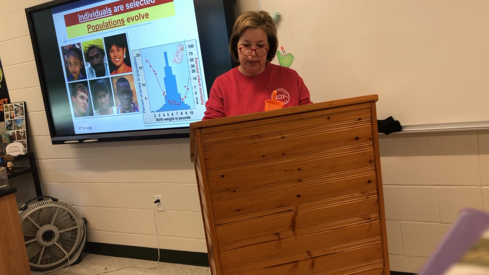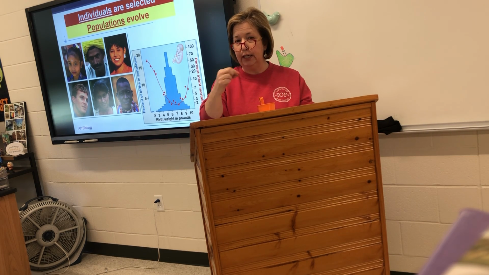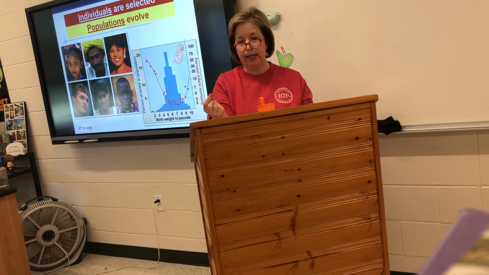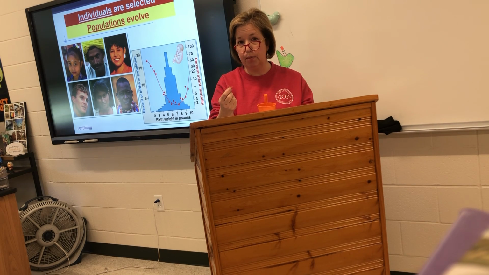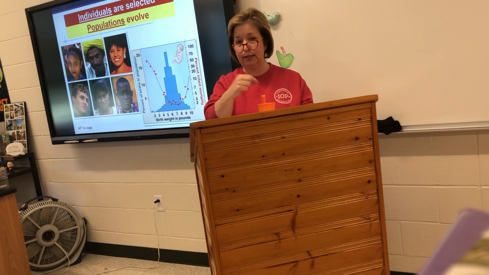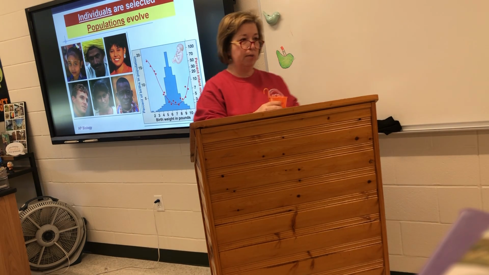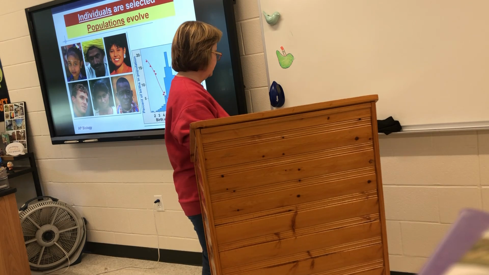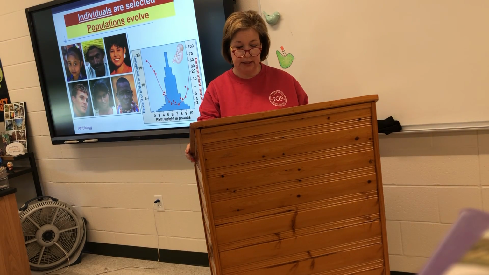That pool then, if I draw an allele out at random, which allele am I going to get? Well, some alleles are going to be more common in our population than others, so the probability is I'm more likely to draw that allele out. So we'll be learning in just a moment how to work with that mathematically and figure out probabilities.